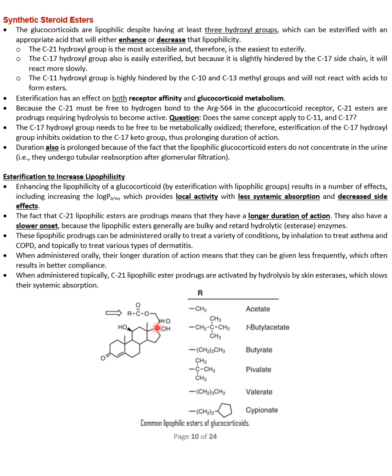So that would increase the duration of action. Also, as far as affinity, if the OH group here has been esterified, then this drug will not be able to bind to the receptor. The same applies to the 21 and to the 17. So the esterification can affect the affinity of how these drugs bind to the receptors.